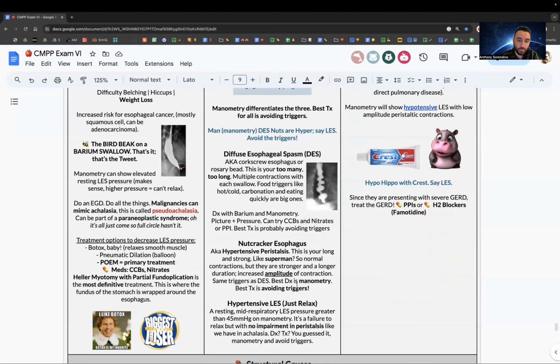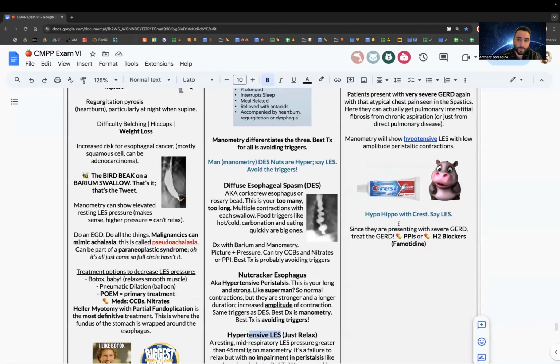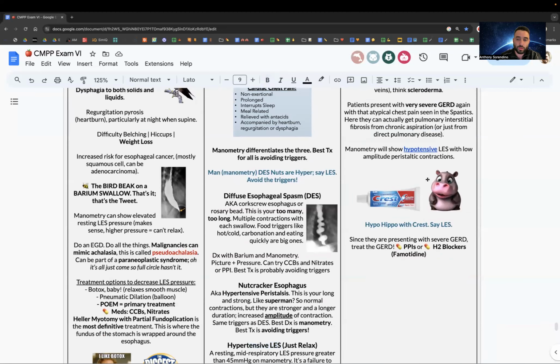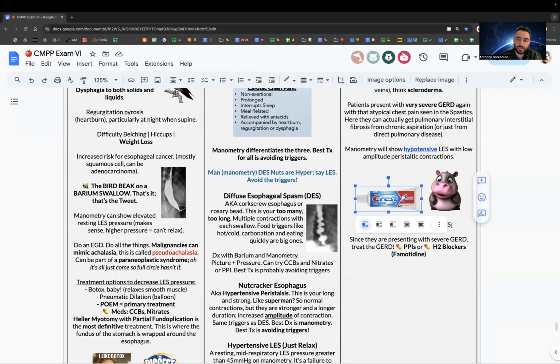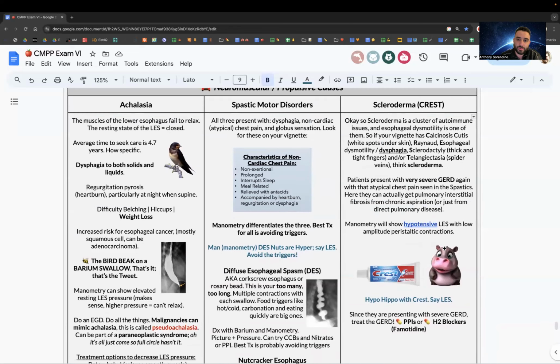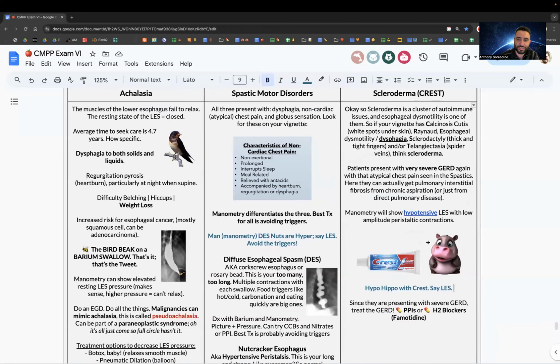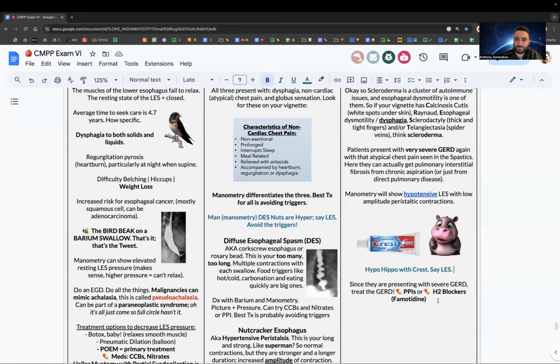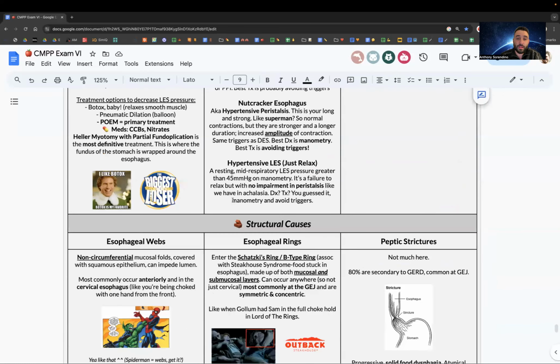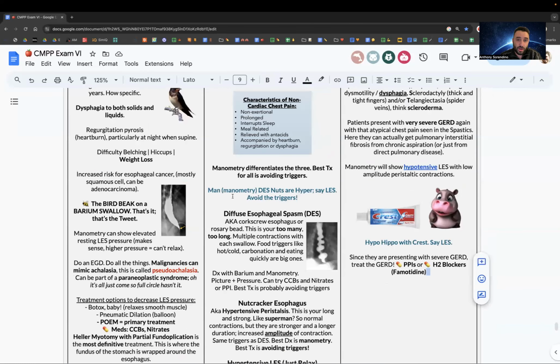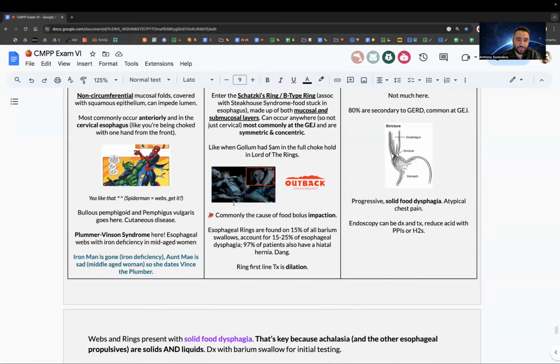All right, so not hypertensive like over here. This is going to be hypotensive with low contractions. All right, so you have your hypo-hippo with his crest, say less, because that's the lower esophageal sphincter. That's hypotensive.